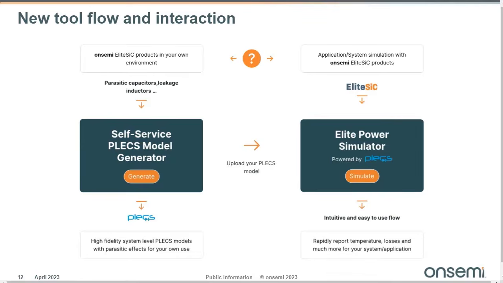And this generator is fully available online. And when you have generated the model, you can send that model directly to PLECS Online or download the model, and we'll see that at the end of this seminar. Download that model to be used on your own computer.